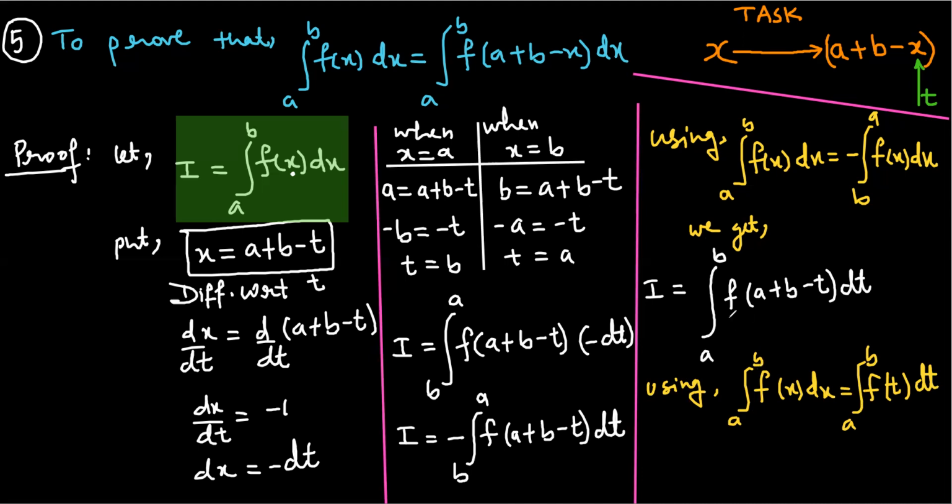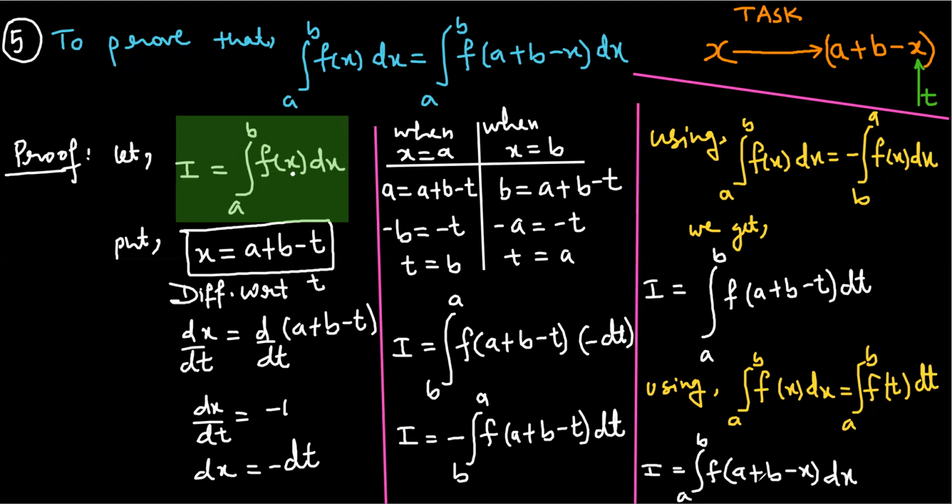So when I use this property here, I will get I equals a to b f of a plus b minus x dx. I don't change the function, I don't change the interval. Now I am allowed to change the variable.